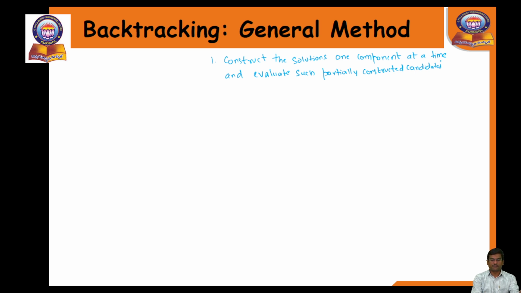Take for example, what is the difference between the brute force method and the backtracking method? In the case of the brute force method, you'll be finding all possible solutions. But in the case of backtracking, if you are choosing a particular path and it leads toward the optimal solution, then you can go further ahead.